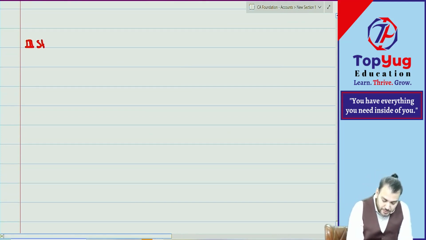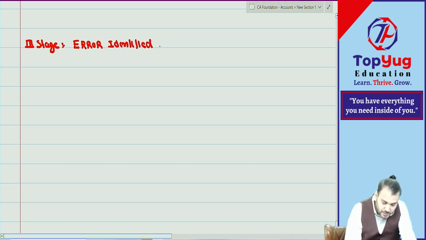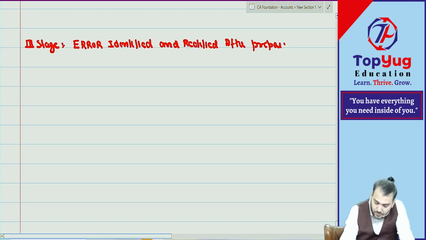Third stage means error identified and rectified after preparation of final account.